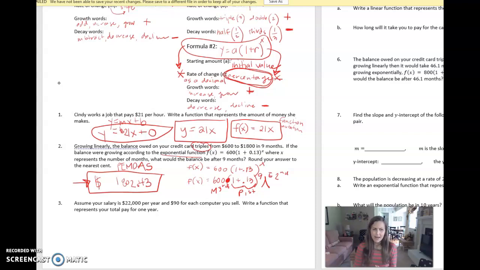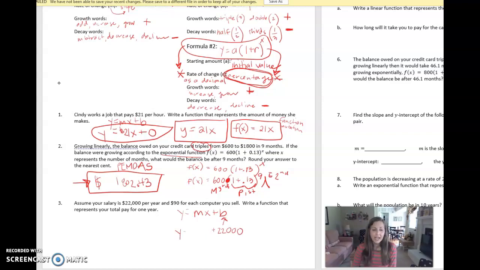And I think about it and I'm like, okay, well, your salary is going up for every computer you sell. So all things considered, I'm thinking this is a linear equation, and it is y equals mx plus b. B is your initial value. So you get a salary of $22,000. It's positive because it's a positive salary. Whether you sell any computers or not, you're going to take home $22,000, sorry.